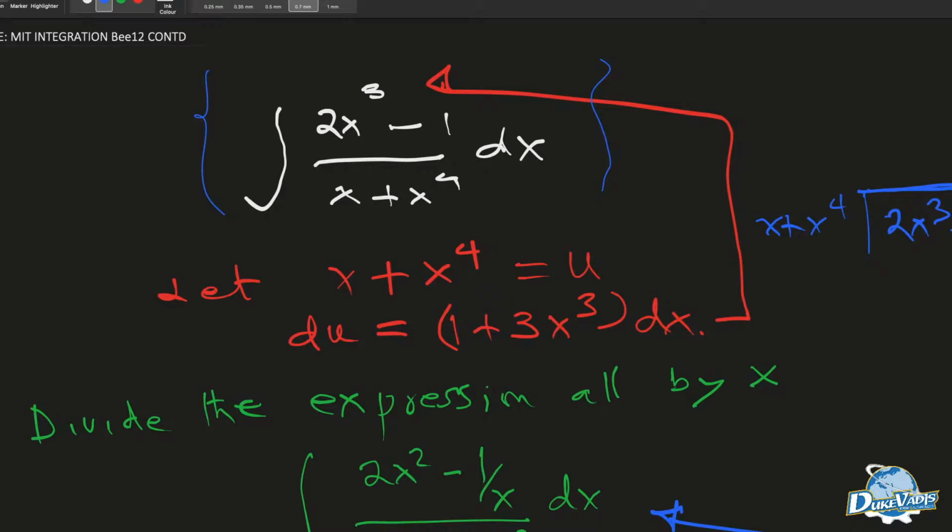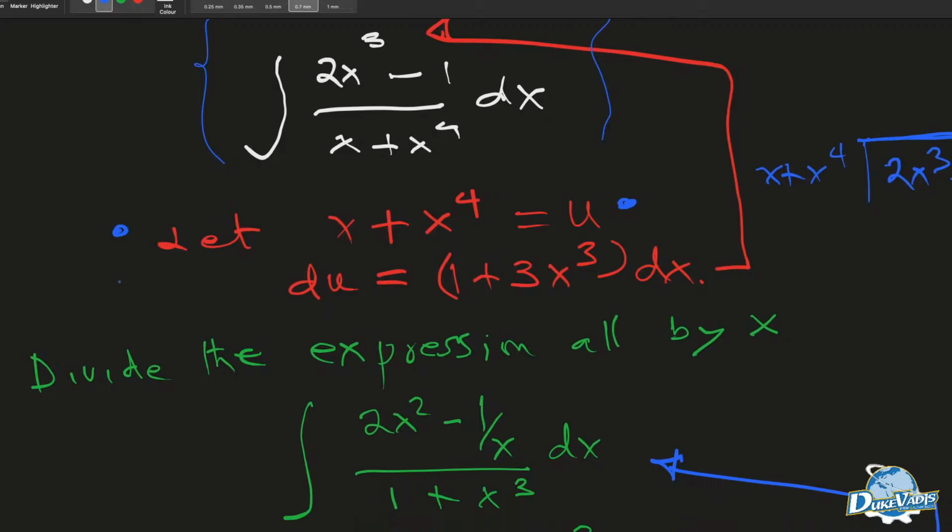And with the u substitution, when we decided to make u equal to the denominator, initially when we tried, we had this result: 1 plus x cubed. It didn't have any resemblance to the equation, so we put that one aside, and we decided also to divide through by x.